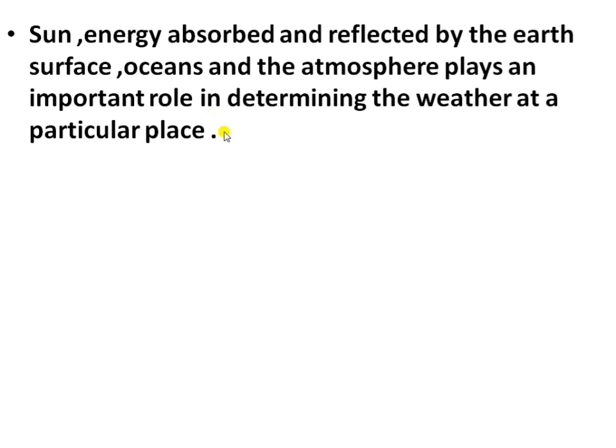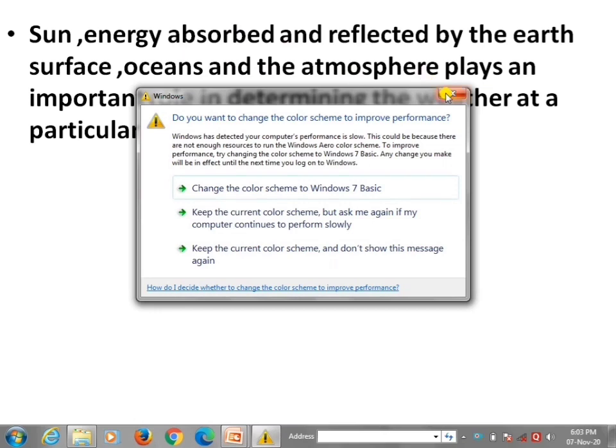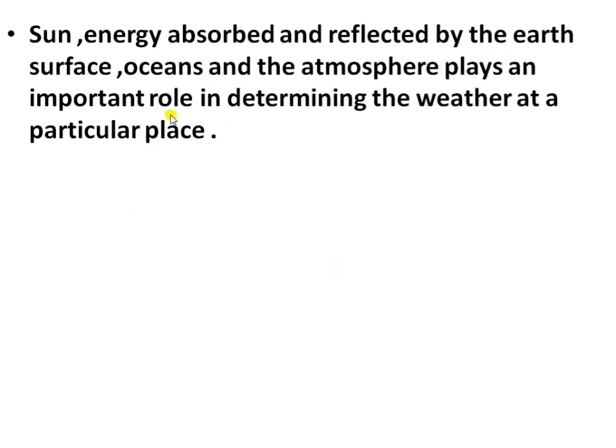The entire atmosphere surrounding the earth is in constant motion due to the uneven heating and the spinning of the earth on its own axis. That's why the heat energy absorbed by the surface of the earth, ocean and atmosphere plays an important role in determining the weather at a particular place.